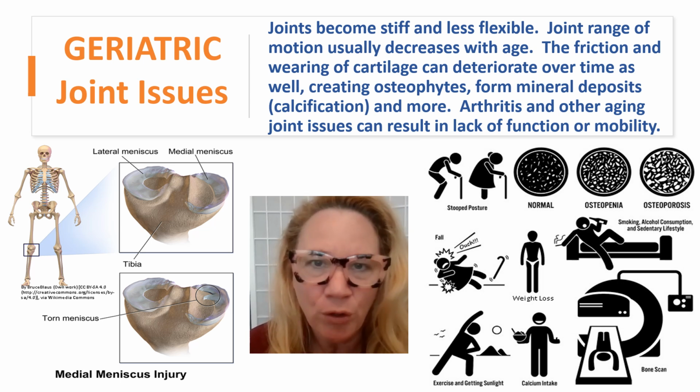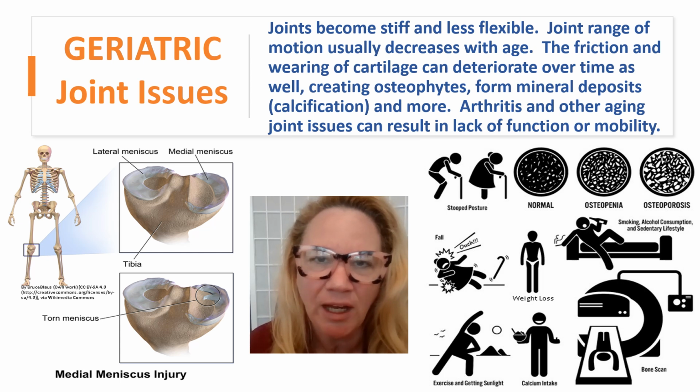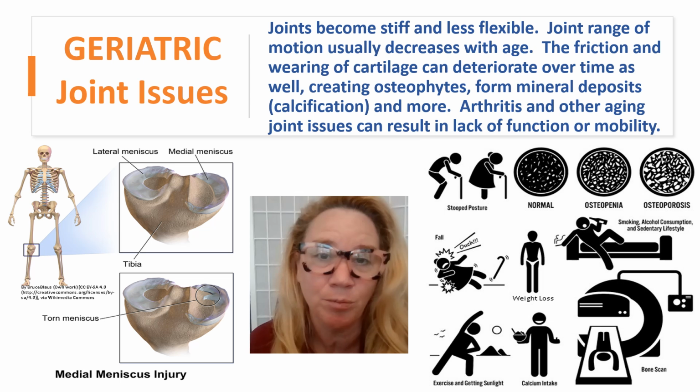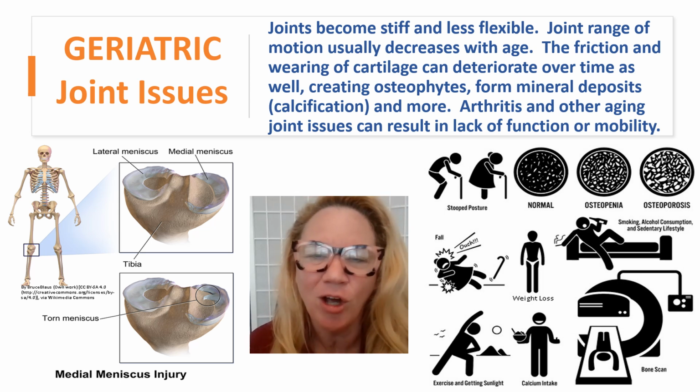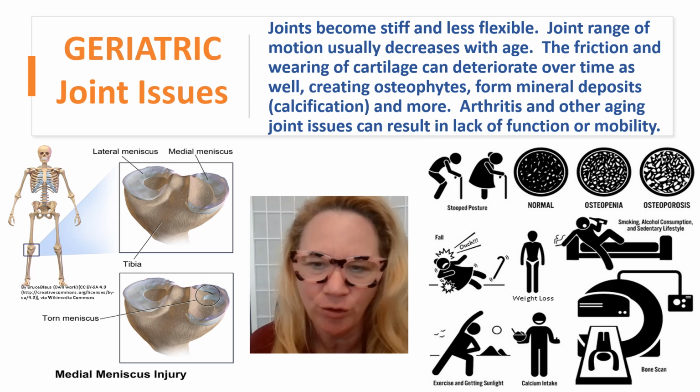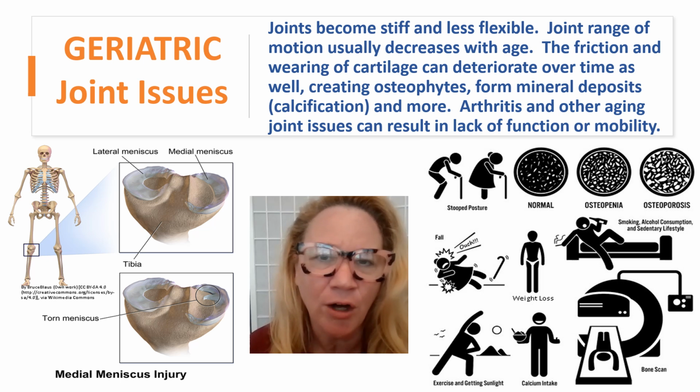Our range of motion usually decreases, and wearing of cartilage can be an issue, especially in the hips and knees, which is why joint replacements are now commonly performed in the elderly too. There are many arthritic changes that happen in the joints that can also produce pain and decrease function.